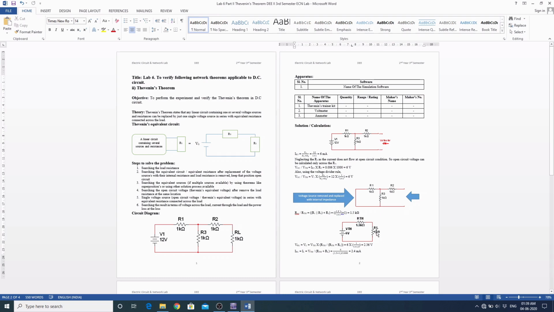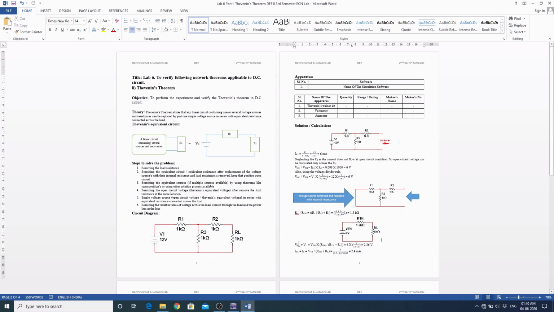RL, the load resistance, was mentioned over here as 1 kilo ohm, so I have connected it. Now you can see that this was a little bit complicated circuit from where we were asked to find out the current through RL and the voltage across RL. Now this has become an equivalent circuit, which is quite easy to calculate IRL and VRL.